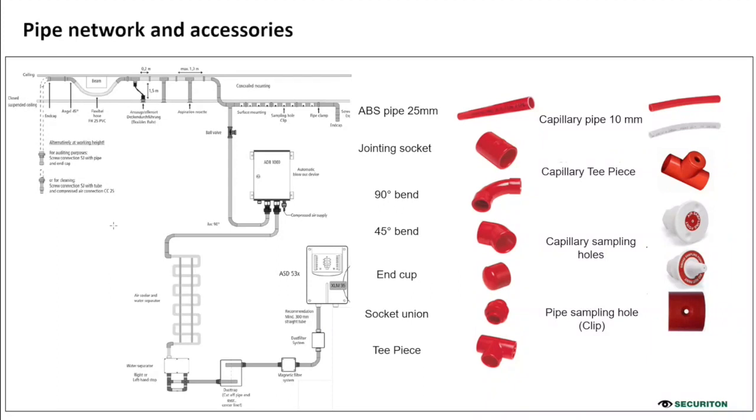There could be a water separator in case of high humidity. There could be a dust trap that is also used in very harsh environments, and all these elements, when present, need to be maintained.